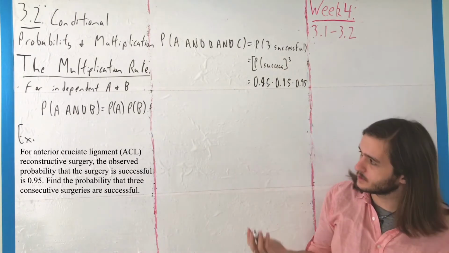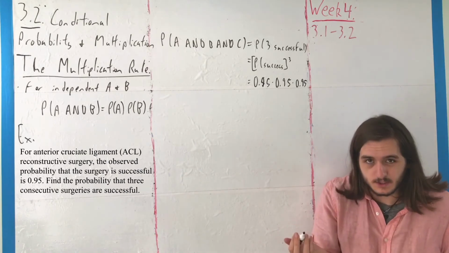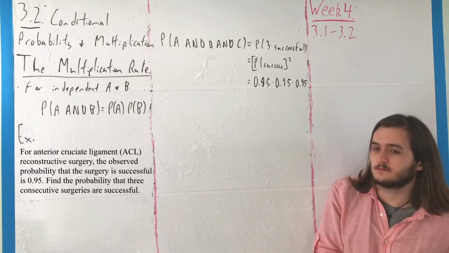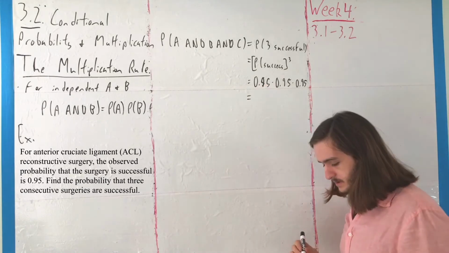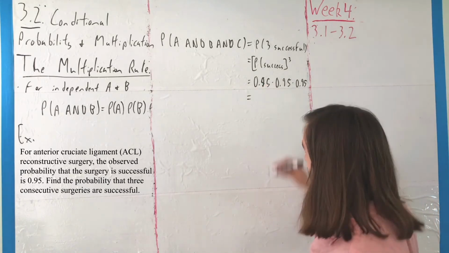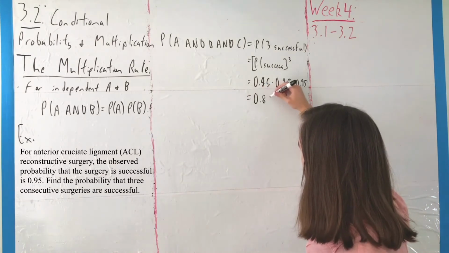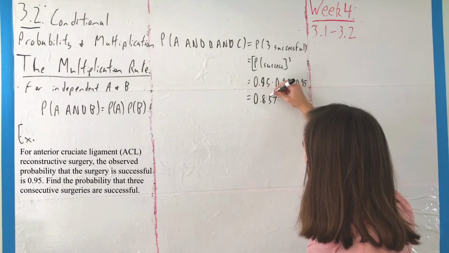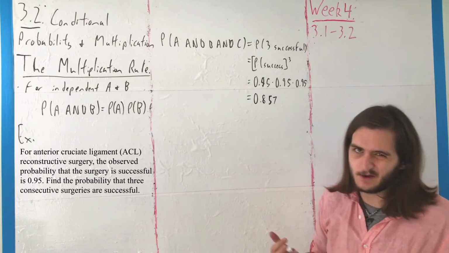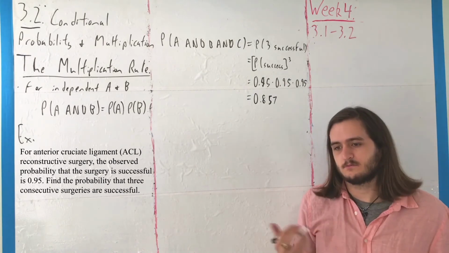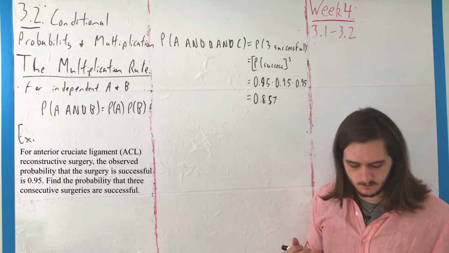So even adding a third case with independence, we still do essentially the same thing, we just have 3 of them. And as a result, this probability here would end up being 0.857, or if you prefer to think about that as a percentage, about 86%. So 3 in a row is pretty good odds.